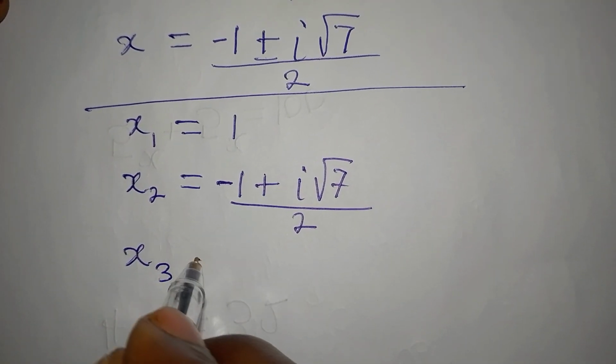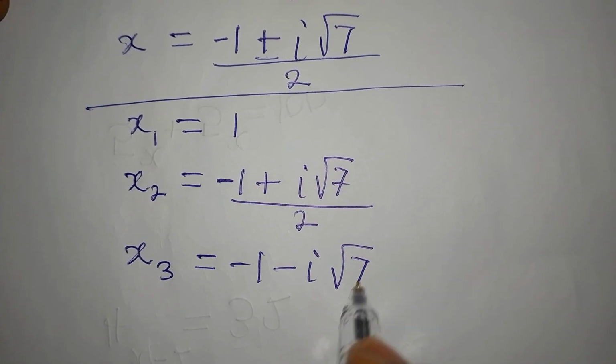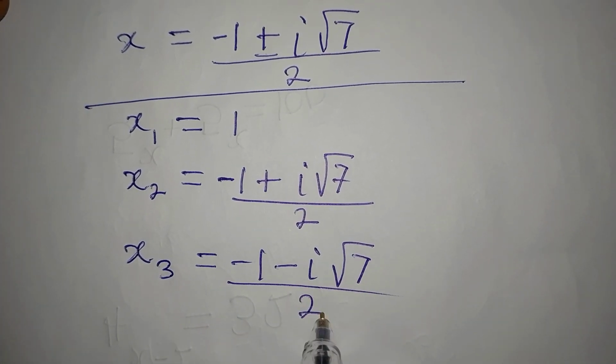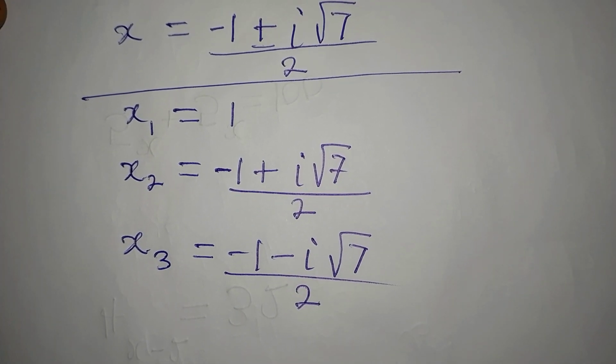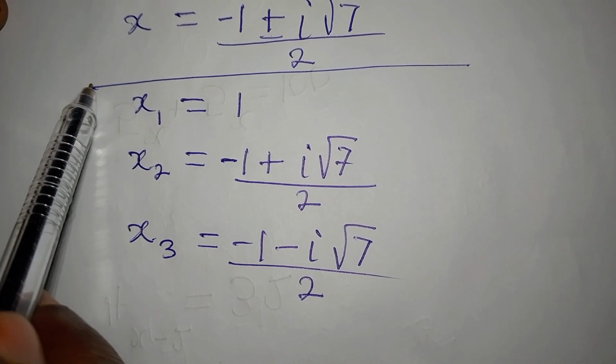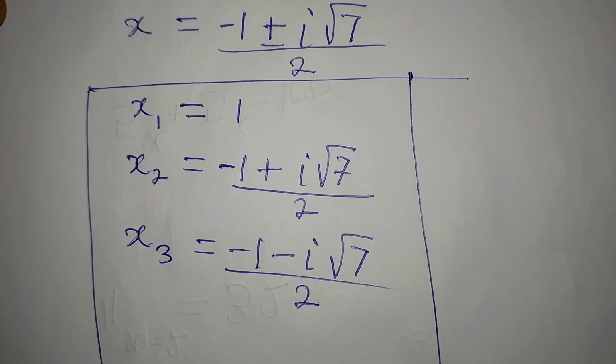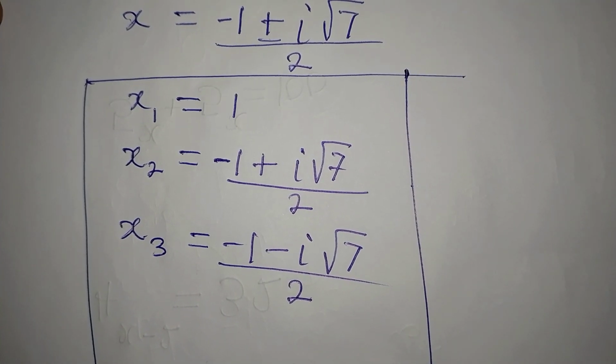And then x3 will be minus 1 minus i root 7 divided by 2. But if you can press your calculator and get root 7, it's still okay, not a bad idea. So these right here are the three solutions to the equation.